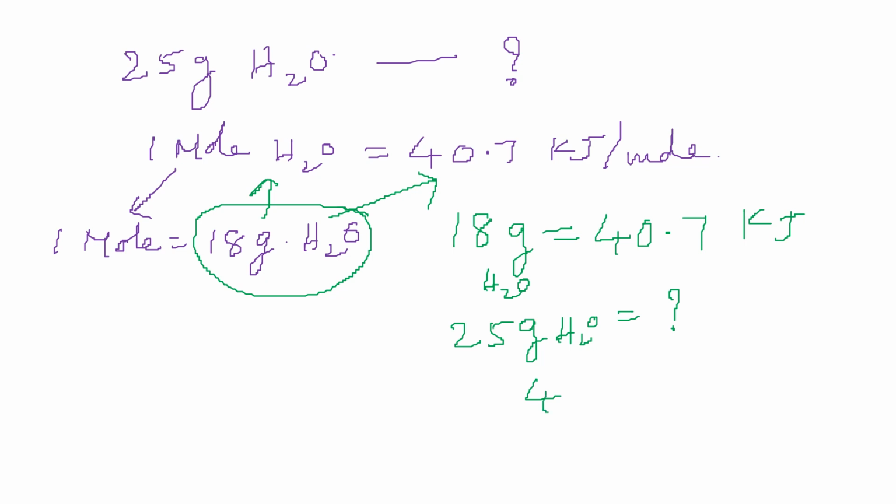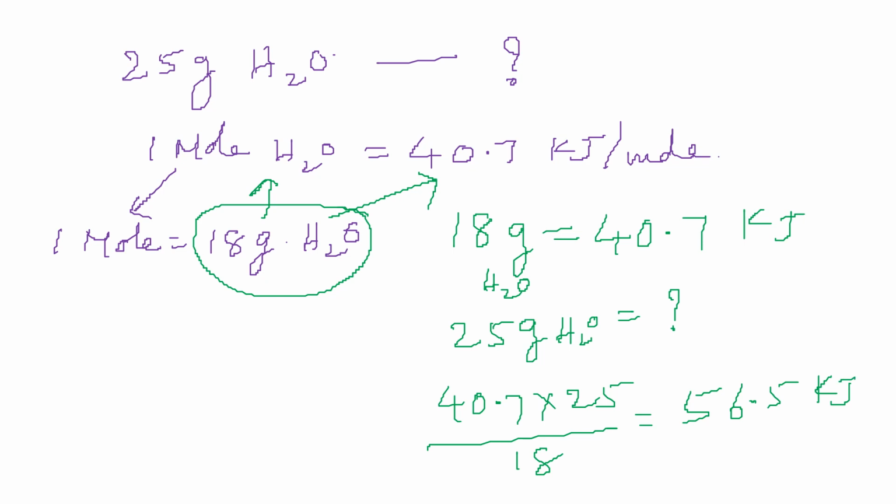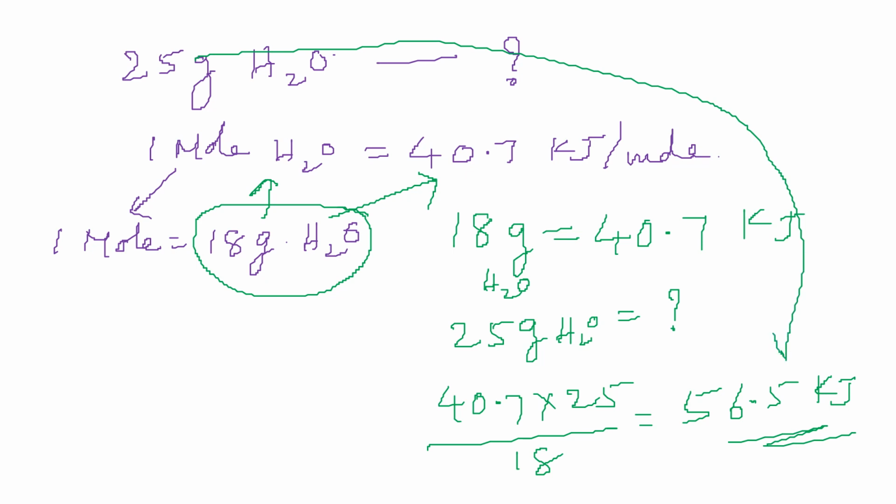So 40.7 into 25 divided by 18. You will get approximately 56.5 kilojoules of energy required to vaporize 25 grams of water. So like that you have to do.